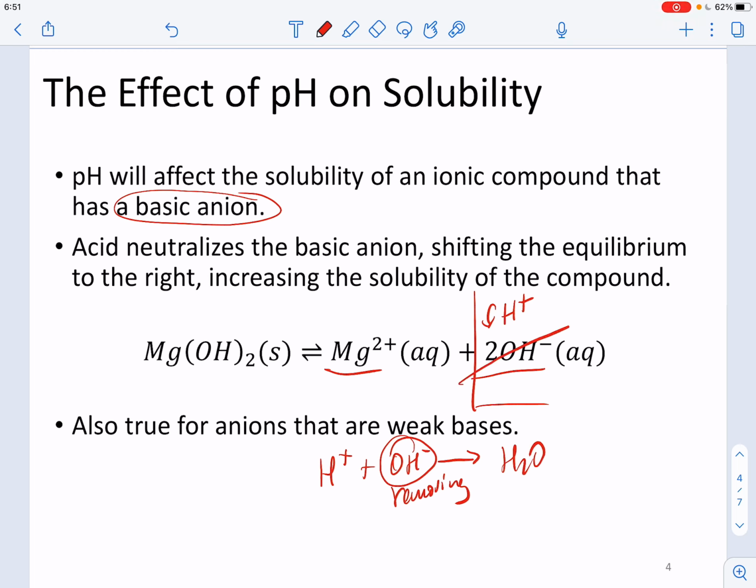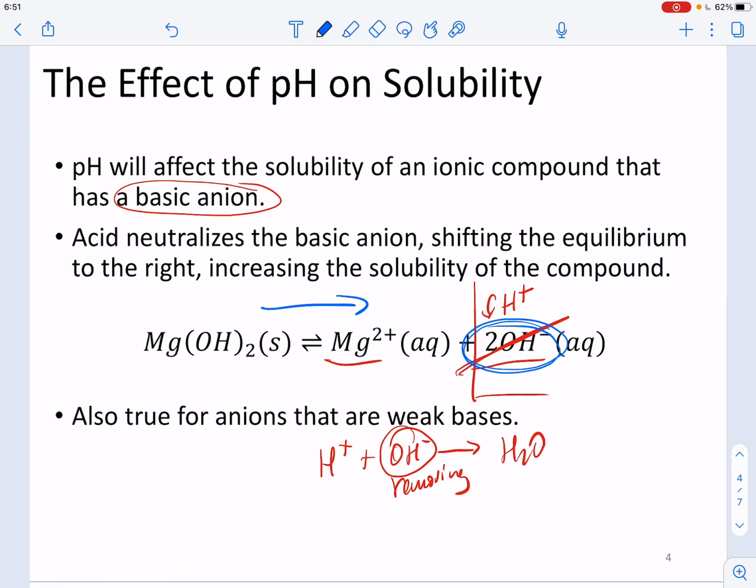If you take this out, what is going to happen to the equilibrium? Well, the equilibrium will shift to the right. Okay, remember Le Chatelier's principle. If you remove one of the components in that equilibrium, the equilibrium will shift in such a way that will replenish what was removed. If it's removed on the product side, then the equilibrium will shift to the right in order to make more of the products. So that is what happens. So hydroxides, let's put it that way, are more soluble in acid media because you are removing the hydroxide.